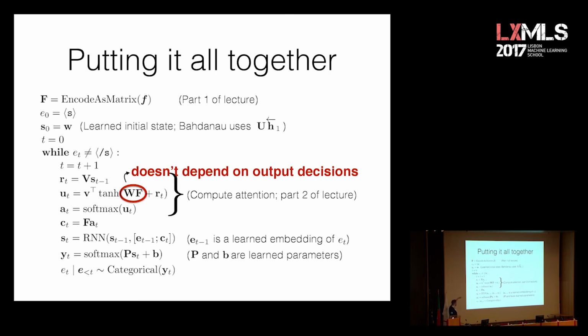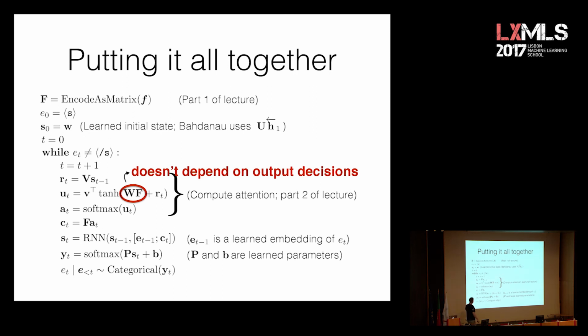We're going to compute this u_t, which is going to have the same number of rows as F has columns, using this Bahdanau formulation or the inner product attention formulation. And then we're going to normalize this vector using softmax. These last three steps were just the second part of how we compute attention.